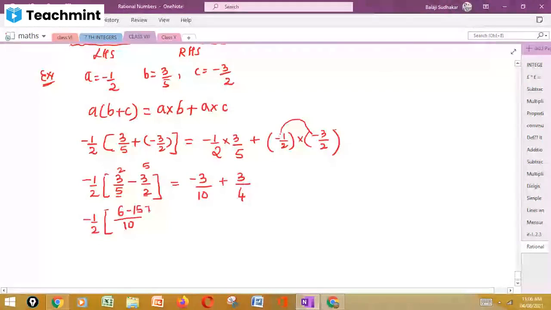You have to express it in this form. Again you write minus 3 by 10, and here also you find the LCM of 10 and 4. What is the LCM of 10 and 4?